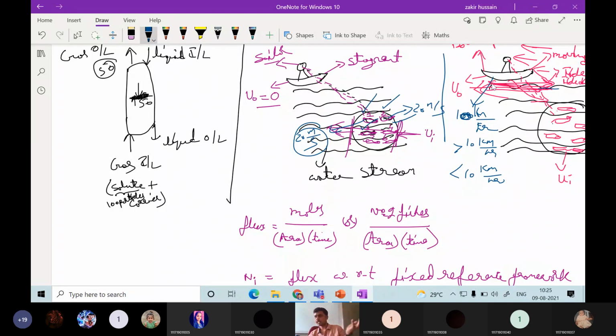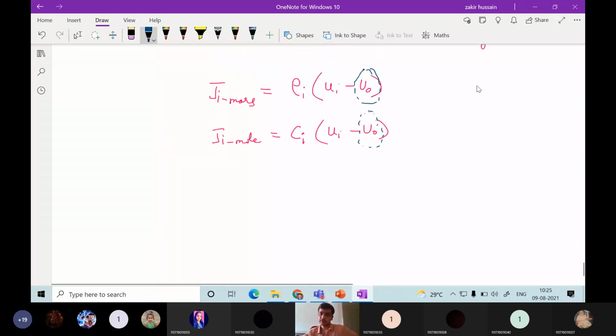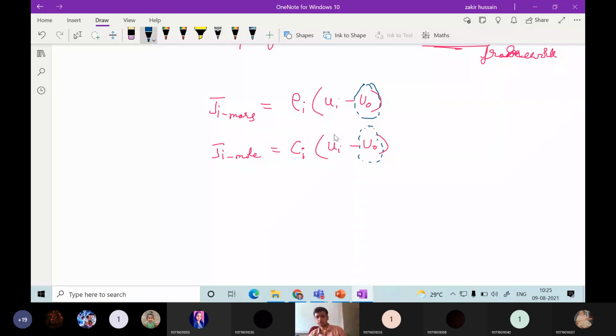We cannot control the tide movement or the tide direction. We can control only our boat, and that also depends on the tides. That's why we take an average velocity. Everything will be averaged. So the fishes or the molar species are moving with different average velocities, and we will take this as the average velocity u naught.